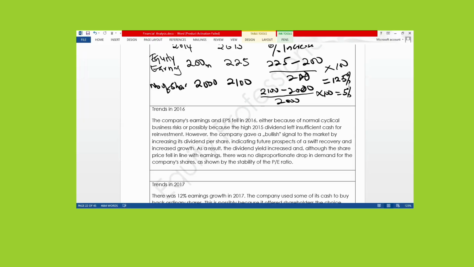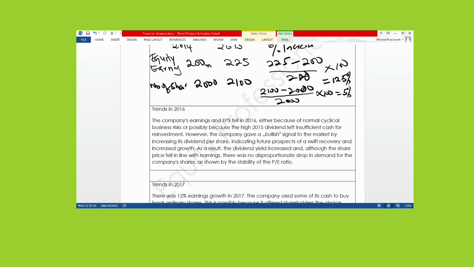The company is left with insufficient cash for reinvestment. Earnings per share fell between 2015 and 2016. This may be due to normal cyclical business risks, or possibly because the high 2015 dividend left insufficient cash for investment.